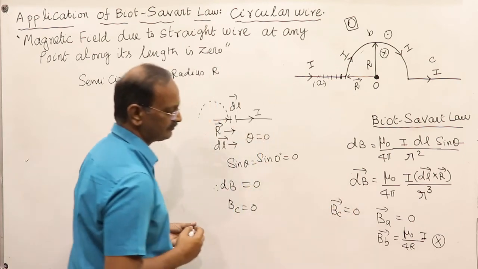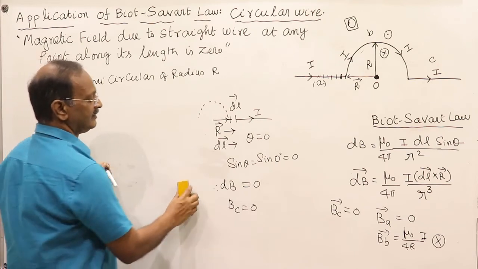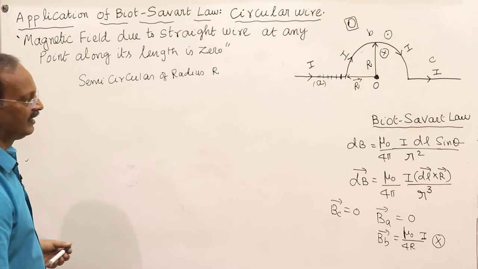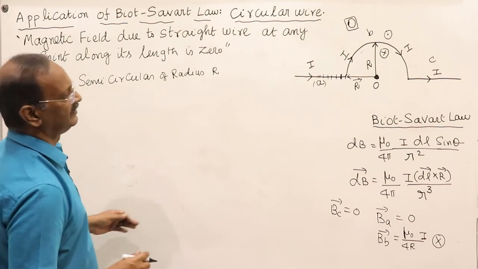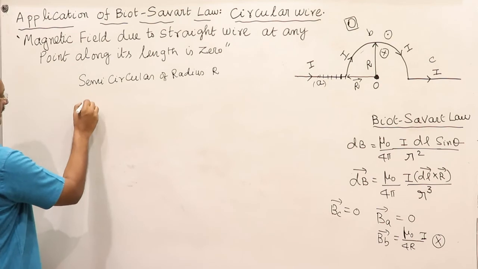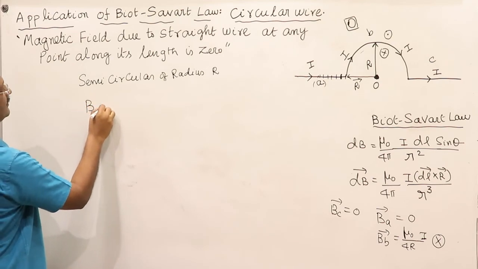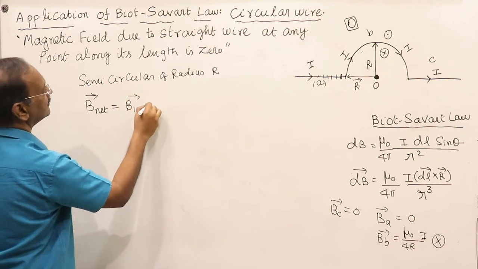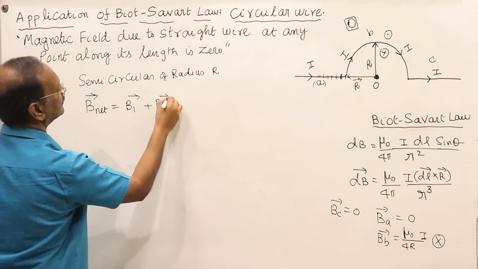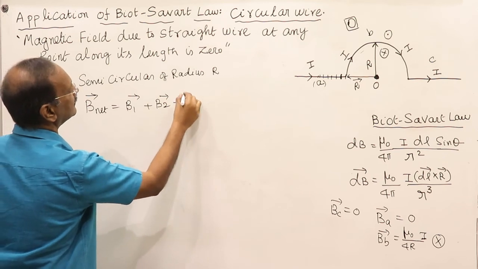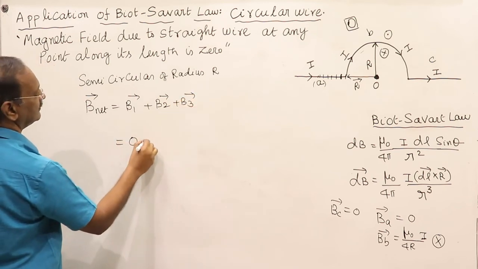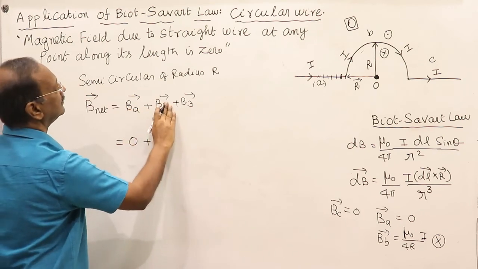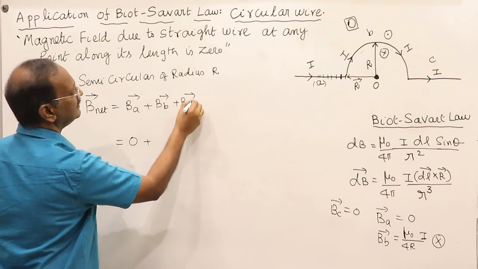Now, since magnetic field is a vector quantity, we have to add it vectorially to find the total magnetic field. So the total net magnetic field with direction is B1 vector plus B2 vector plus B3 vector, that is BA plus BB plus BC.